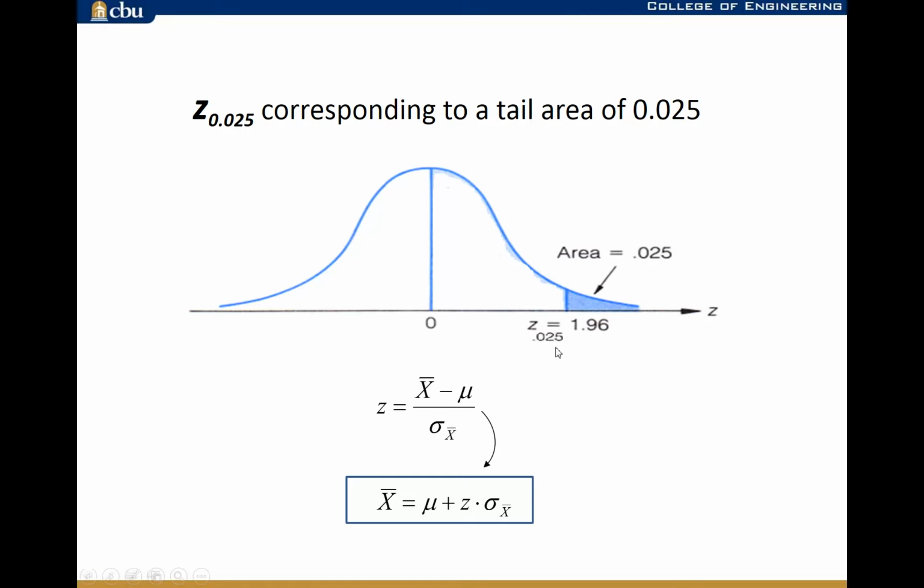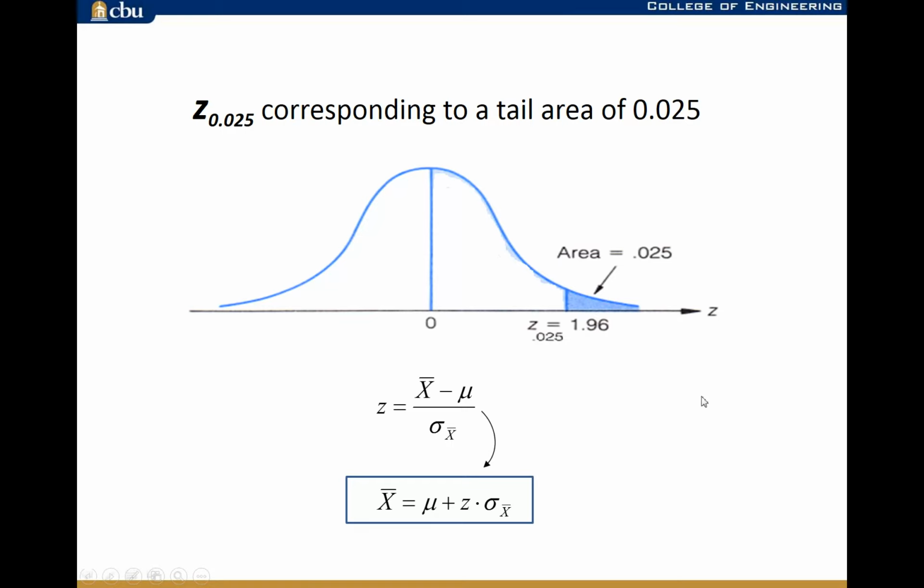So now you know that for 95% of the data, Z will equal 1.96. This is a two-region test, and then alpha is equal to 2.5%. That means we have about 2.5% uncertainty in our data.